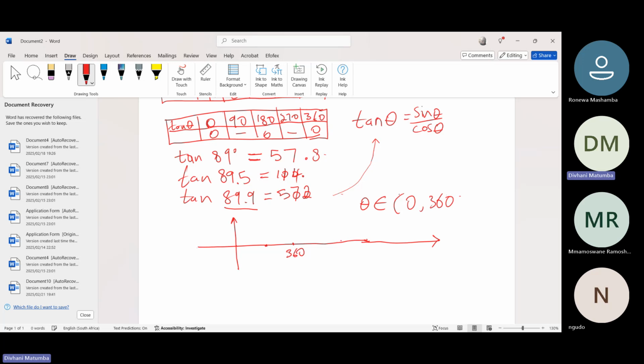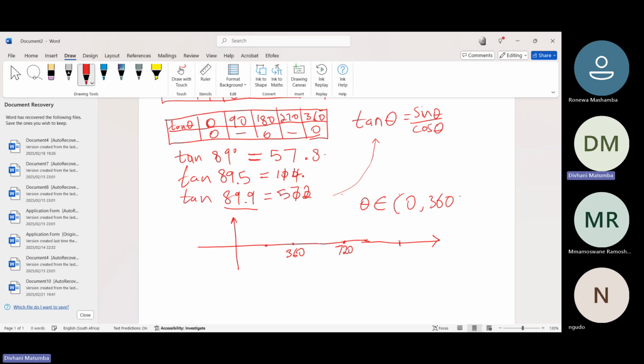Use your calculator and say sine of 720. What is the sine of 720? 0.